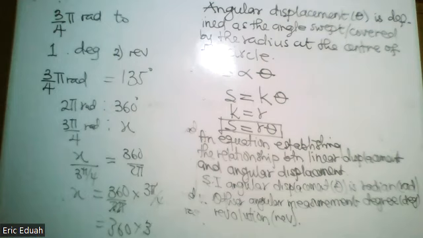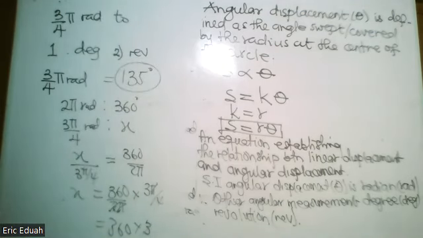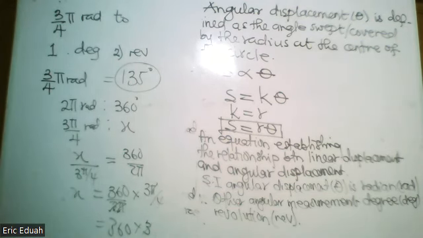Please, what should we check? No, I'm saying that when we converted, we got 135. Right. Okay. But here it is giving us 180. So let's see what is wrong. Okay, what has happened? X on this is equal to 360 on 2 pi.